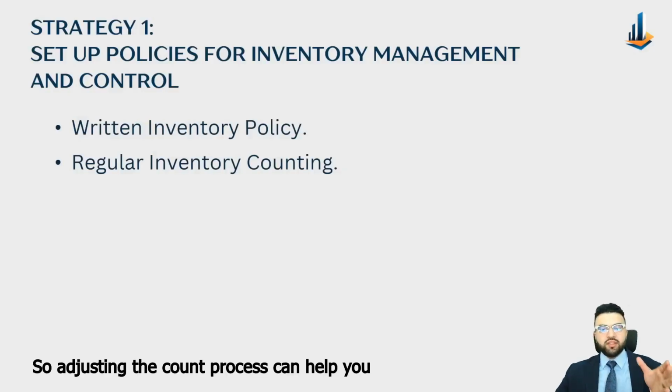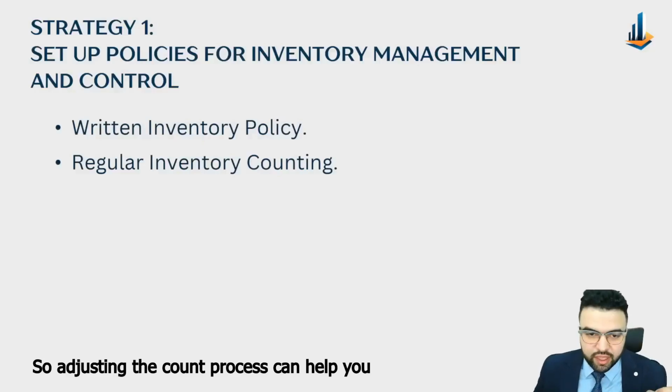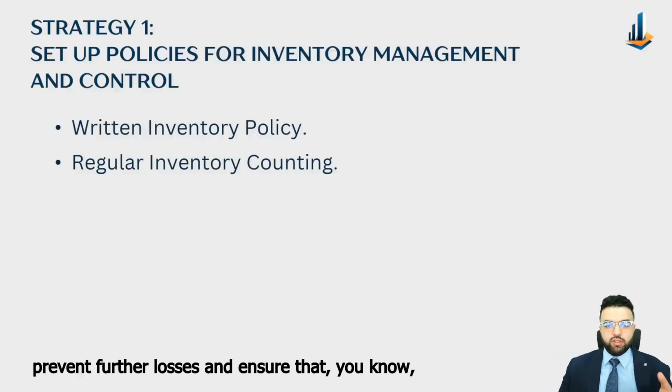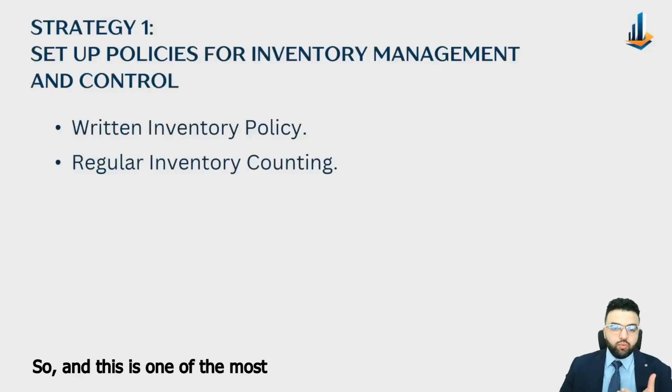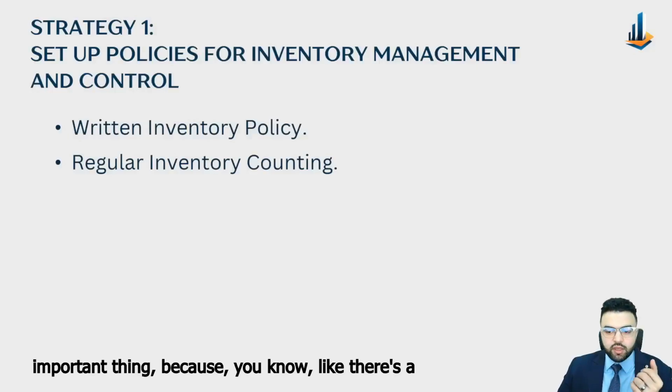So adjusting the count process can help you prevent further losses and ensure that your order quantities are precise. This is one of the most important things, because there's waste between one meal and another.